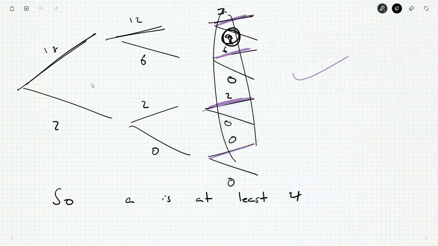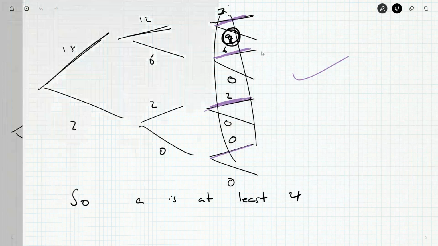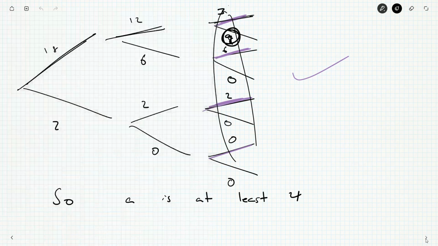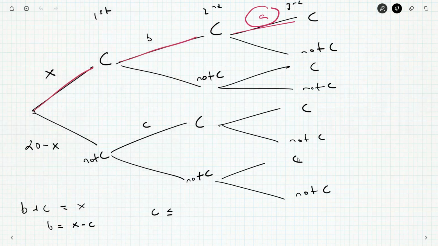Because the last question was 3 layers. And the last question, well, I'm trying to figure out how big and small A can be. And what did I do? I messed about with B and C. I rearranged and let B be 14 minus C. Well, in this case, it's going to be Y minus C, and so on. Oh, it's Y, not X. Silly me.